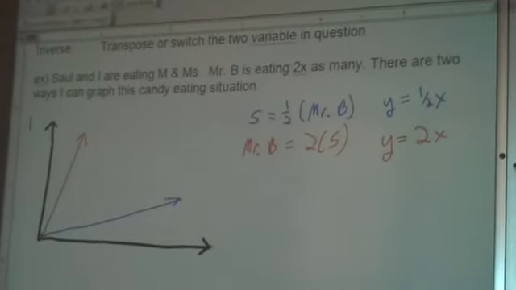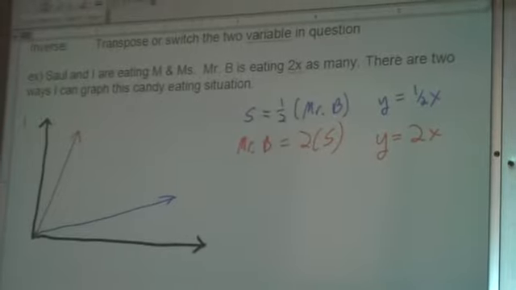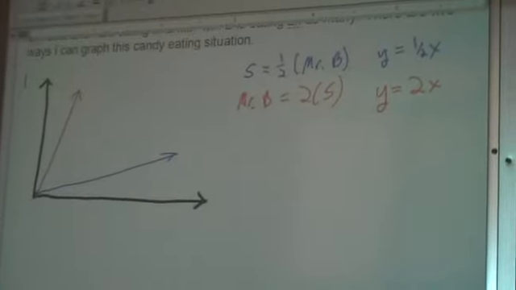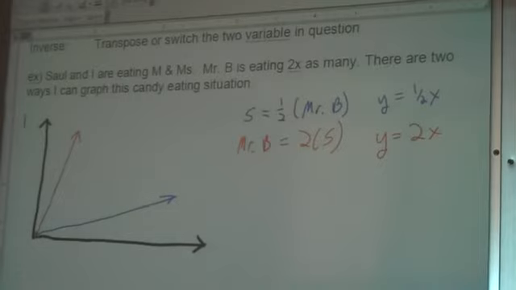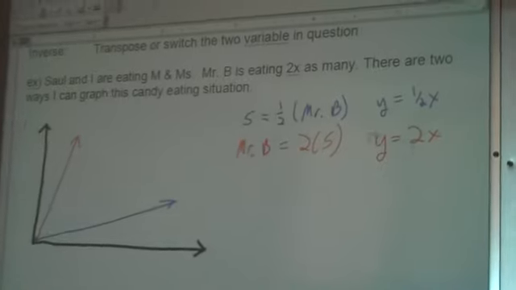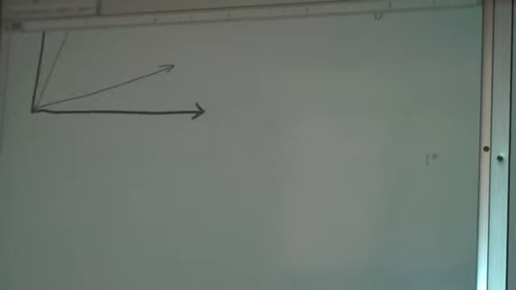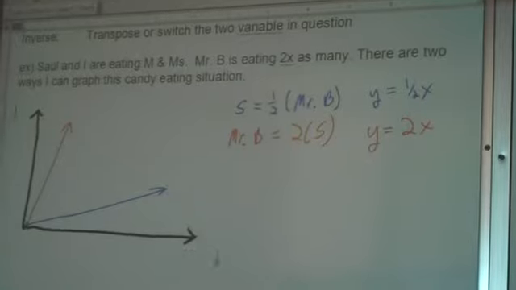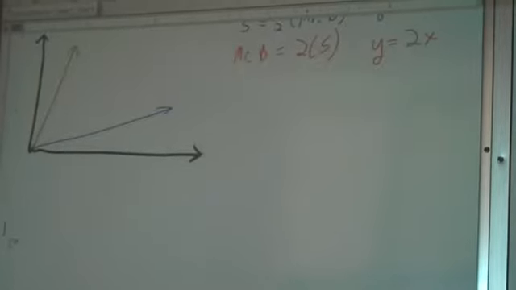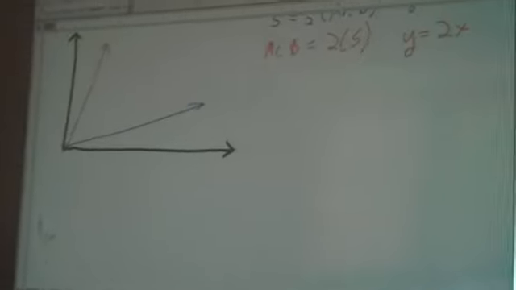Now what we're going to do actually is a little bit different than this. We're actually going to switch the x and y, but keep representing it on an axis where the y is up. So here's how inverse functions tend to work. Next page here.